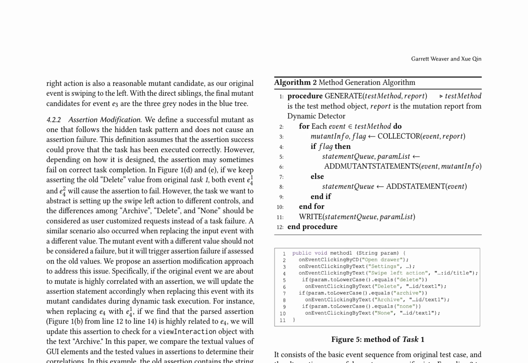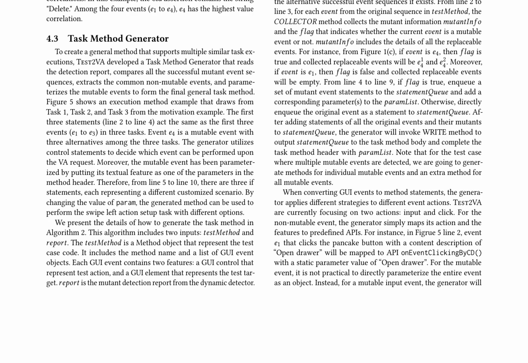To address this limitation, the authors propose an assertion modification approach that updates assertion statements during dynamic task execution. When replacing original events with mutant candidates, this approach correlates textual values of GUI elements with tested values in assertions by comparing them. This correlation enables the identification of successful mutants, ensuring that assertions accurately reflect the intended task behavior.